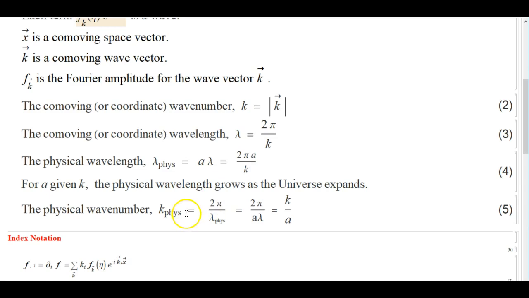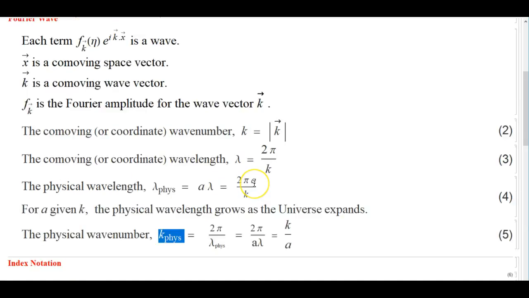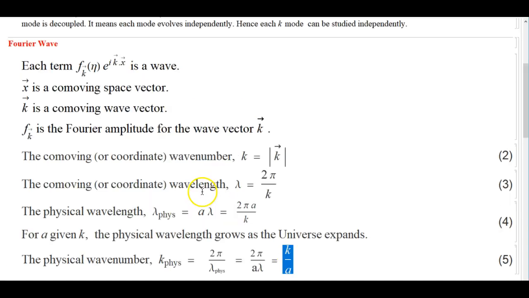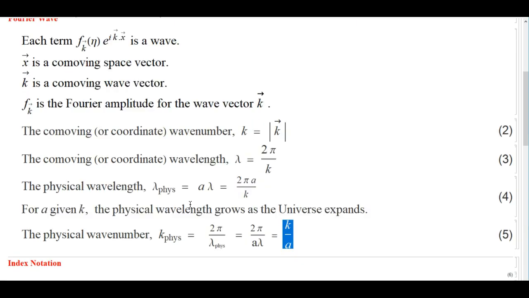So the physical value of k will decrease as the universe expands. As the universe expands, the physical wavelength will increase and k physical will decrease for a given co-moving wave vector k.